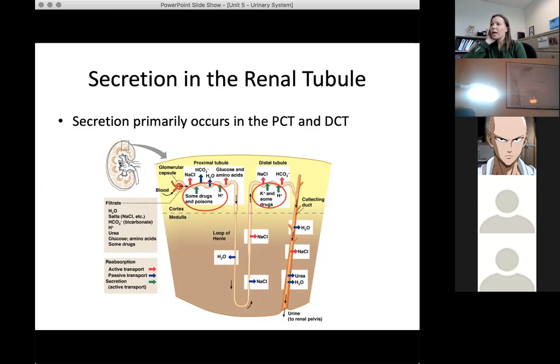Okay, I'm looking at the outline. The whole first section is regulation of urine concentration and volume. There's a whole lecture on this. I'll give you guys a quick definition for osmolality because I'll use that term a lot.